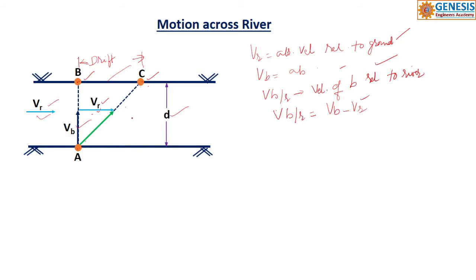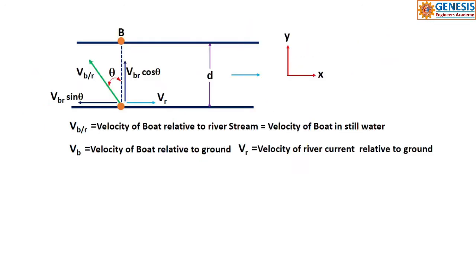There are some situations which need to be discussed carefully. Instead of taking this one, I am taking VBR. VBR is the velocity of the boat relative to the river stream, also sometimes called the velocity of the boat in still water.